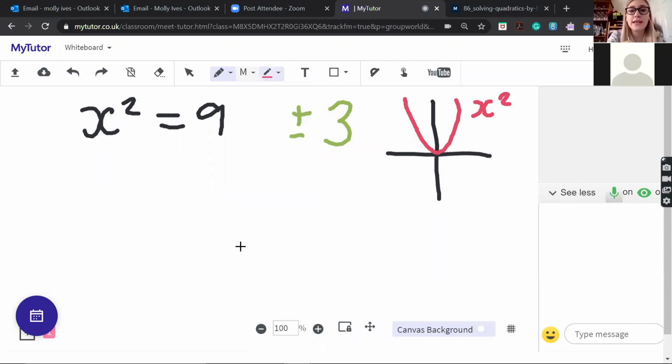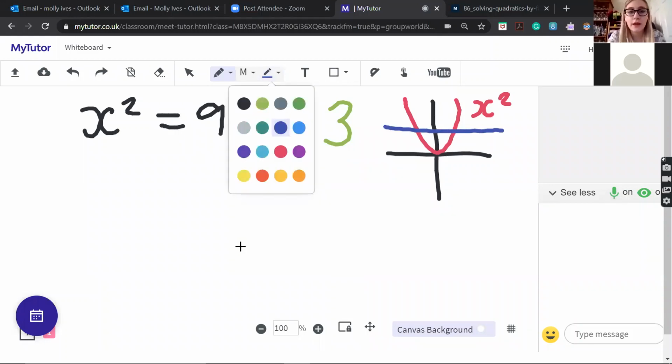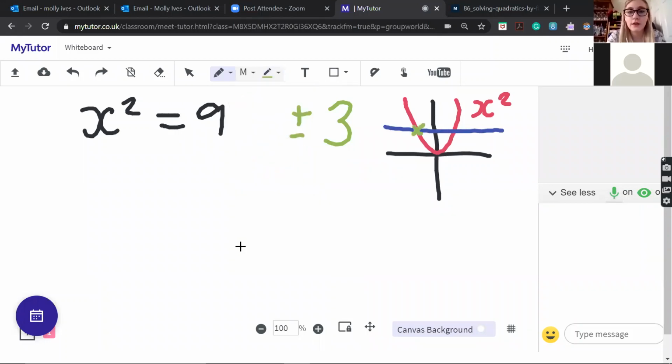And when we say equals 9, that means where it intersects with the line y equals 9. So where it intersects here, we can see our two solutions, minus 3 and positive 3. So hopefully that makes sense. The basic thing to remember is that if you're square rooting something, it's plus or minus.